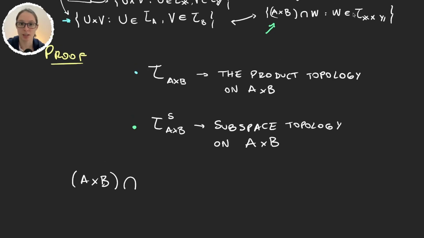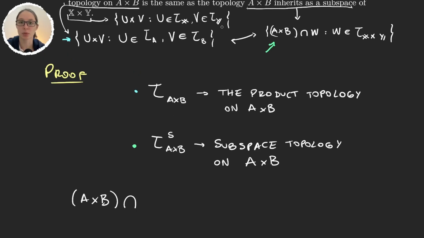So we can, again, without loss of generality, suppose that W is going to be of the form U times V for U in the topology of X and V in the topology of Y. We can do this because W is actually going to be an intersection or union of elements of this form. But for the calculations that we are going to do, this doesn't affect much and it actually just complicates everything unnecessarily.